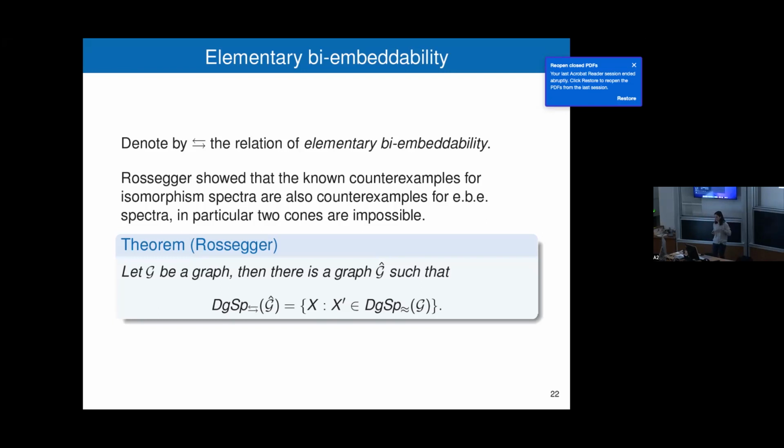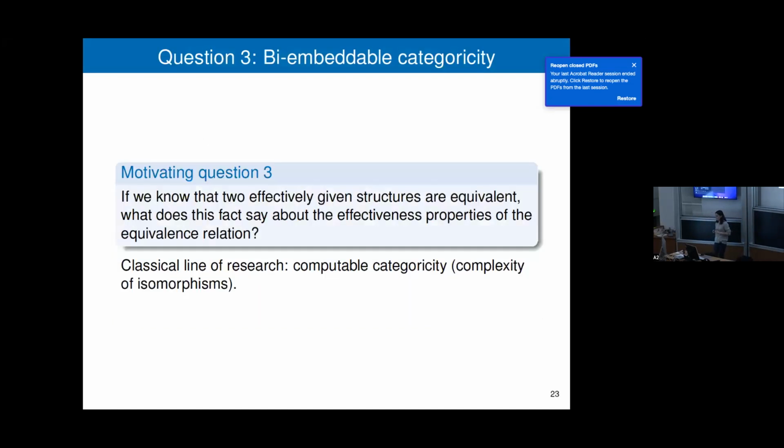He also proved this result: for a graph G, there exists another graph G hat such that the elementary bi-embeddability spectrum of this new graph G hat consists of all the degrees that jump to the degrees in the bi-embeddability spectrum of G. So these are the open questions about this line of research.